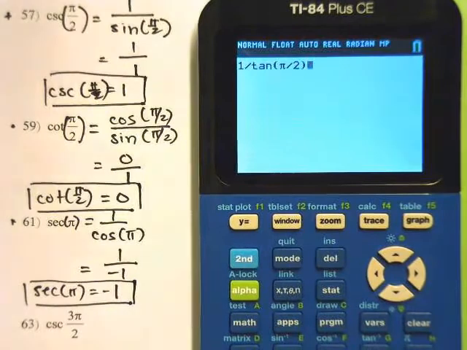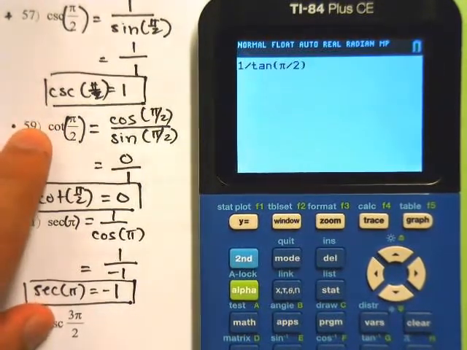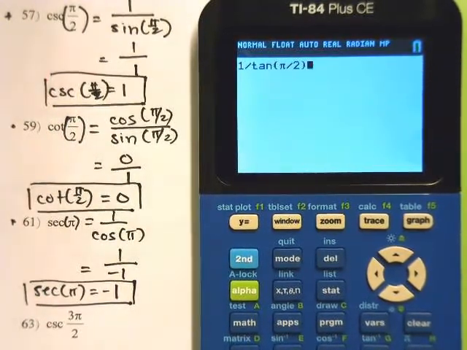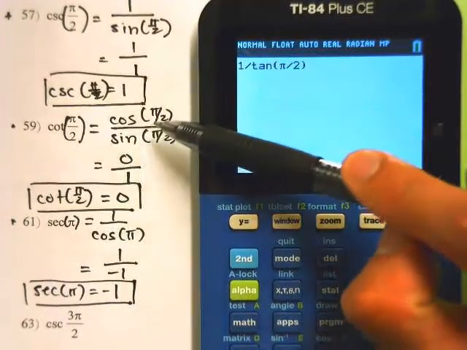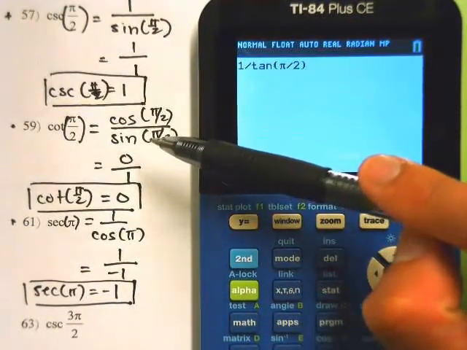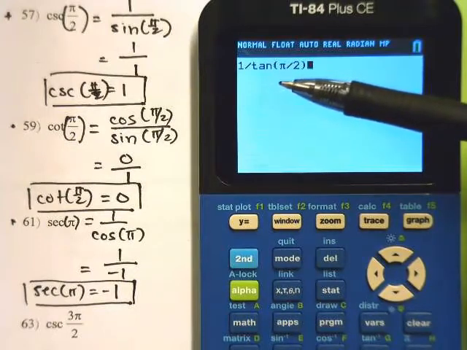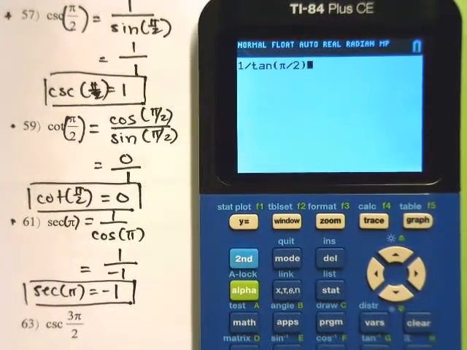But we do actually have a value for cotangent, so that's why I did it that way on 59. So anytime you're at 90 degrees or 180 or 270 degrees, see if you can split it up by using the definition, because what you see in the calculator is probably not going to calculate it at all. But I think if we do cosine over sine, it should work.